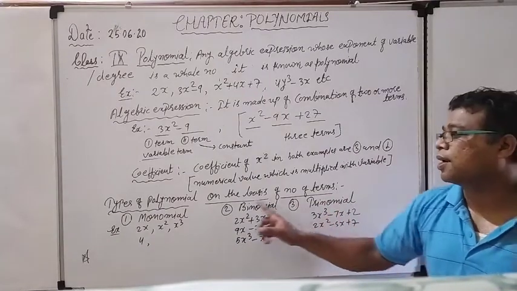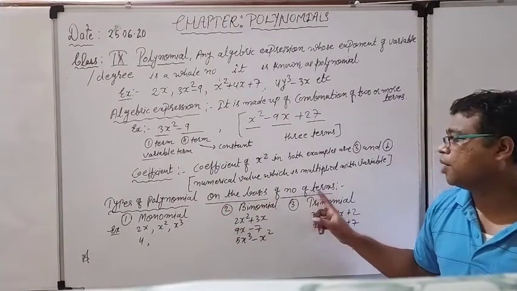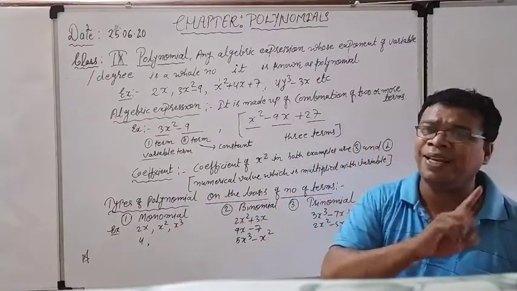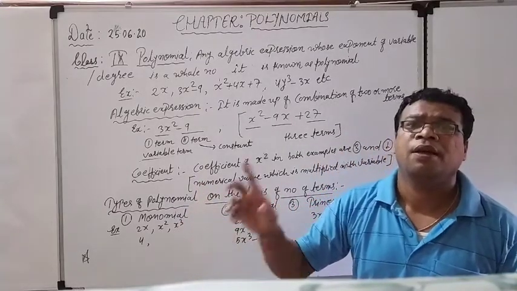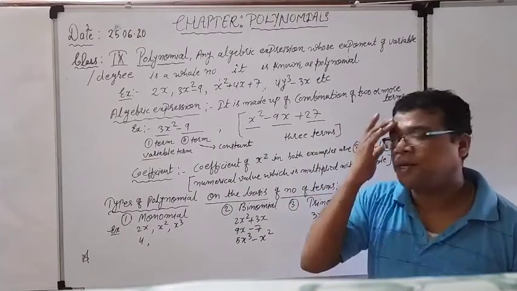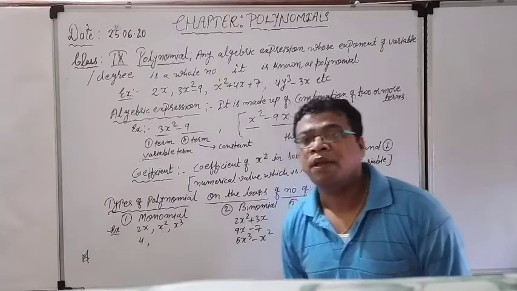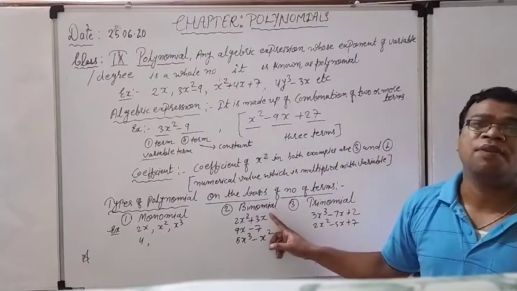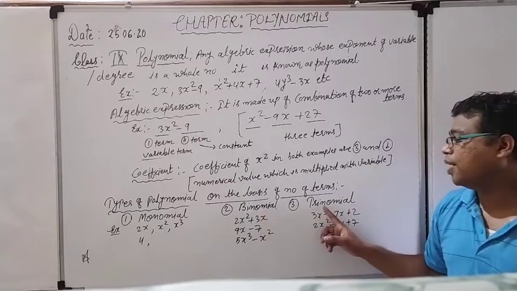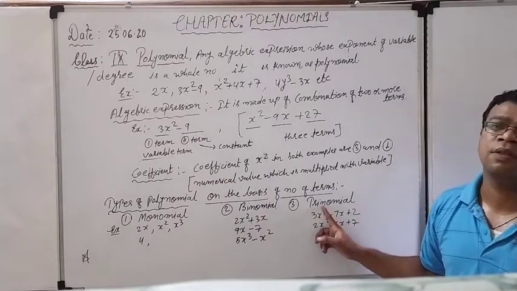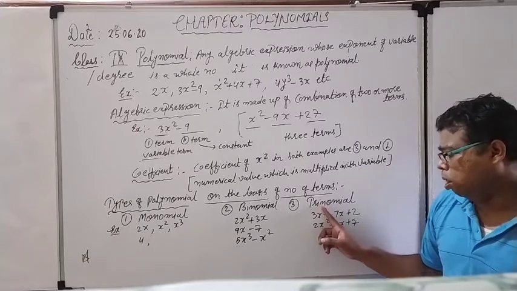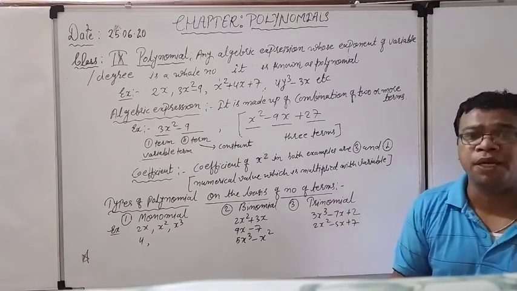Because the classification is on the basis of the number of terms, if there is only one term present in an algebraic expression, it is known as a monomial. If there are two terms, it is known as a binomial. And if the total number of terms is 3, it is known as a trinomial.